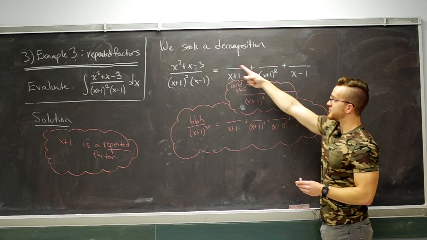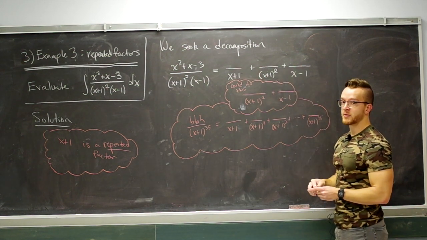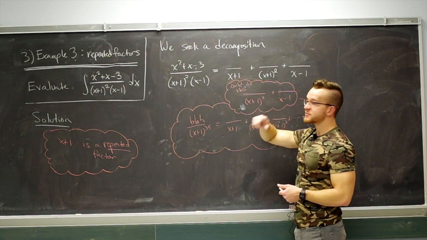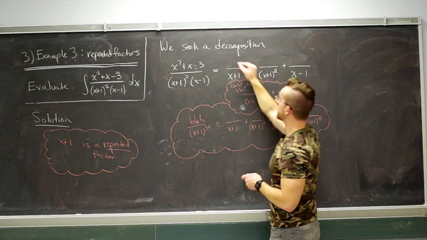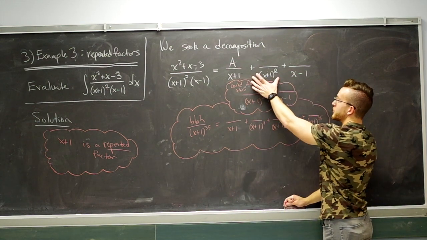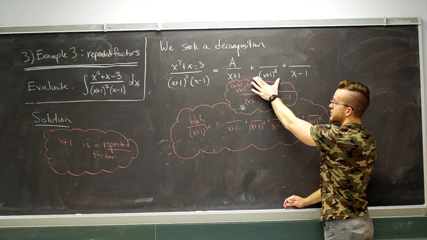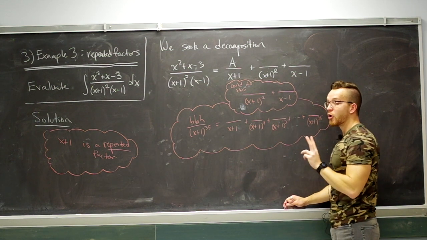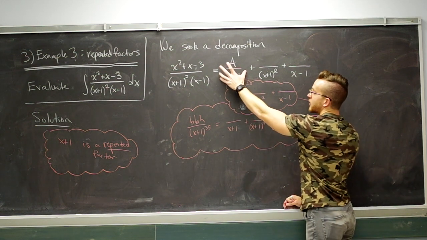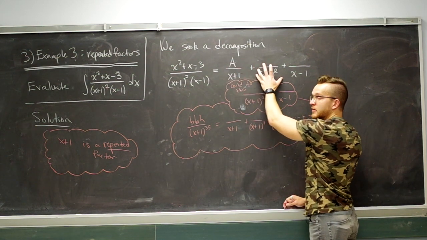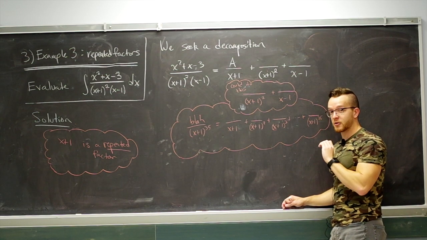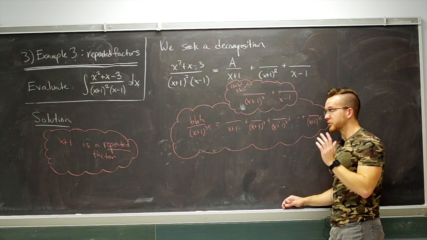The next tricky thing is, what do I put on top here? If we think about what we've been doing, the degree of the factor here is 1, so the thing on top should be a constant, just like before. What you have to be a little careful about is this expression right here. The total degree is 2. But because I've decomposed this way, I only care about the degree of the factor, not the total degree in the denominator.